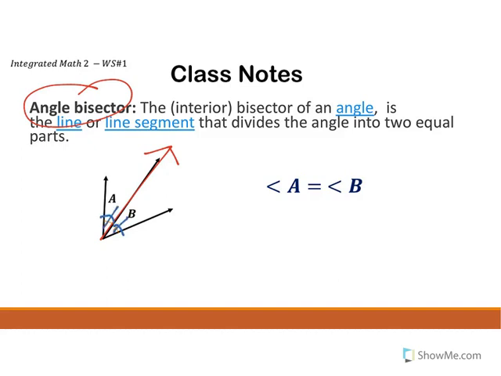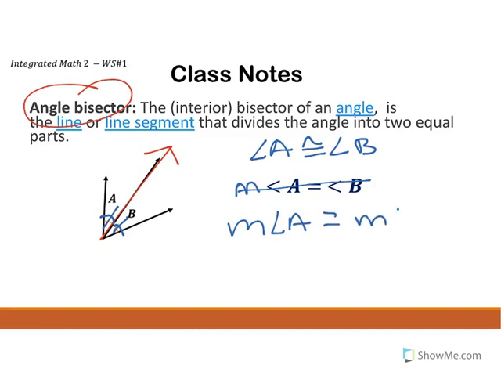In geometry, where we see the same marking, that means the two angles or two parts are congruent to each other. So angle A is congruent to angle B, and the measurement of angle A is equal to the measurement of angle B, because this ray here is an angle bisector.